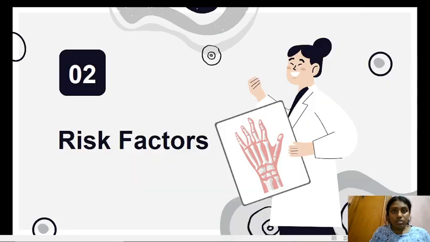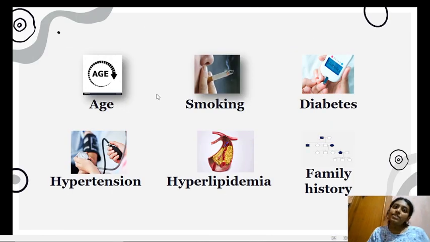So the risk factors which lead to peripheral arterial diseases are age. As the age increases, you are more prone to peripheral arterial diseases. Smoking, because tobacco has a substance called nicotine.